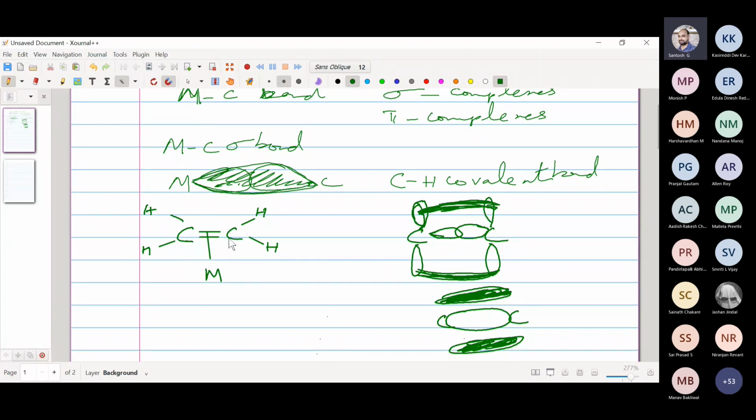So this carbon as well as that carbon is involved in bonding to the metal. Okay. Soon I'm going to introduce you to something called hapticity, which is indicated by the Greek letter eta. Okay. I will explain what hapticity is, and hapticity plays an important role in understanding pi bonding, or if you understand hapticity, pi bonding can be easily understood. Okay.